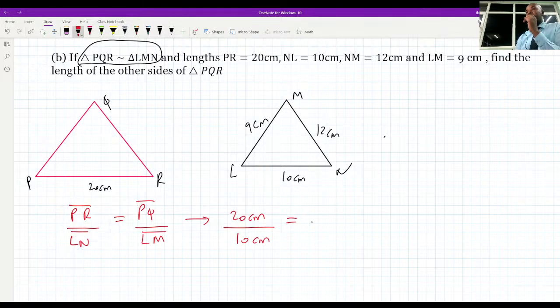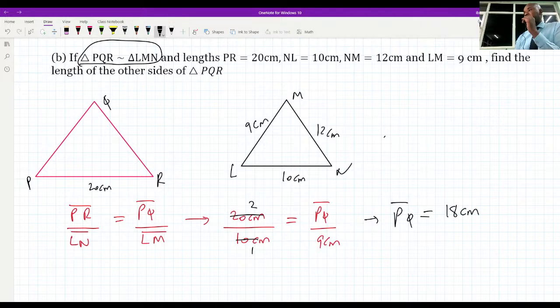This is equal to PQ over LM, which is 9 centimeter. Upon simplification, you can see here is 2 and there is 1. So actually PQ will be 2 times 9, which is 18 centimeter. So that is PQ.